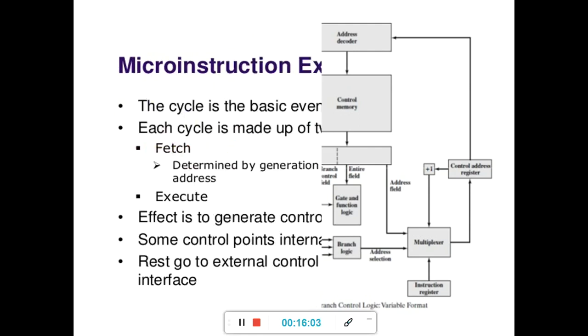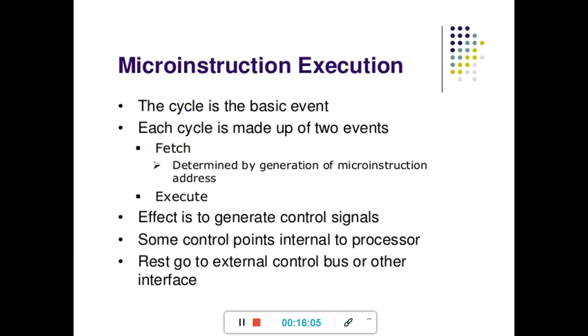And the last is microinstruction execution. Already we have seen microinstruction can be divided into two categories: one is sequencing, another one is execution. First you have seen micro sequencing and the three formats, and then last is microinstruction execution.